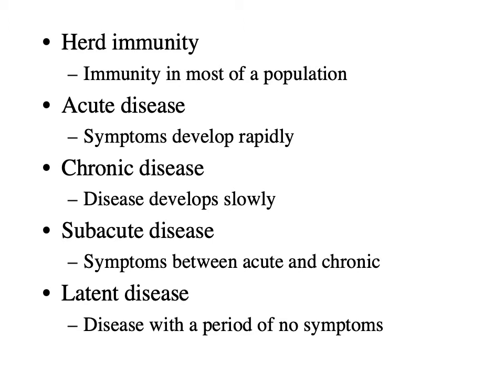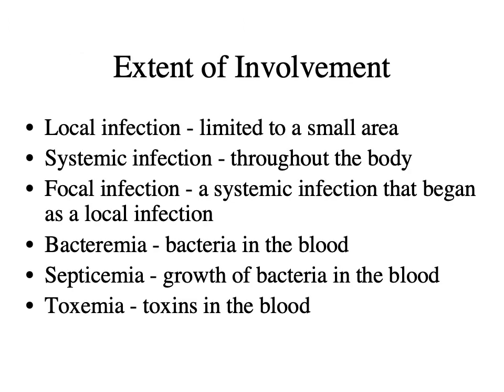So you get an outbreak of cold sores and then nothing, and then cold sore and then nothing. That's latent. Subacute is easily confused, I think, with latent disease, but instead of years to develop, it takes maybe months. So anyway, it's not black and white. We have gray areas for pretty much everything.